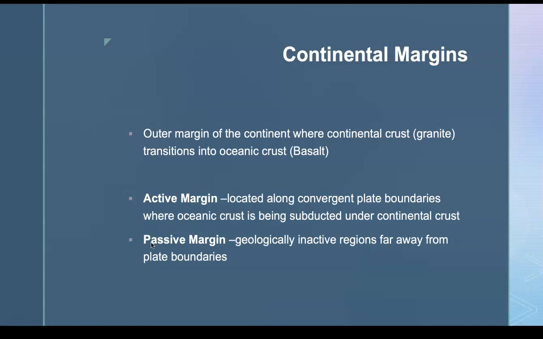So we have two types of continental margins, active versus passive. You could probably guess what that means. An active margin, you're basically at a plate boundary, okay? And since we're talking about continental margins, we really only have this subduction zone here. Depending on the semester, you may or may not have had the plate tectonics conversation already.